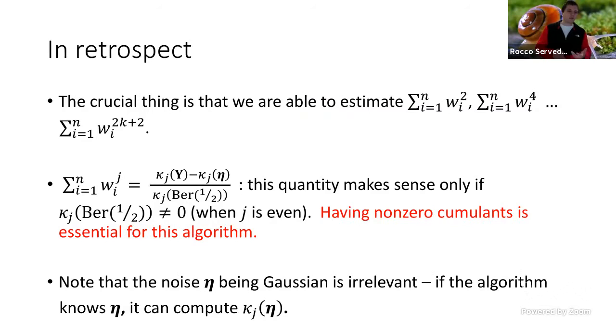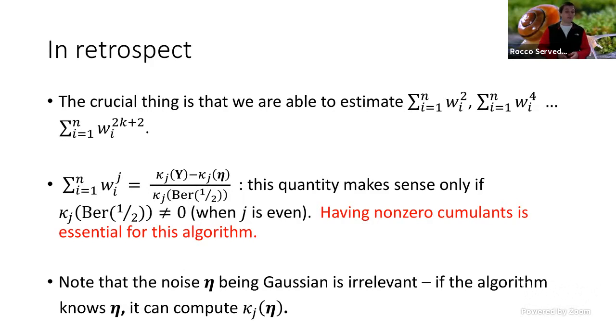So we saw that really the crucial thing for that result was that we were able to estimate these power sum polynomials. And how are we able to estimate these power sum polynomials? Well, again, it just came from this very simple identity, which is a direct result of the linearity and homogeneity of cumulants. We have this division. When we solve for the power sum polynomial, we have the cumulant of the underlying univariate distribution, which in our case was just this Bernoulli 1/2 on the right-hand side.